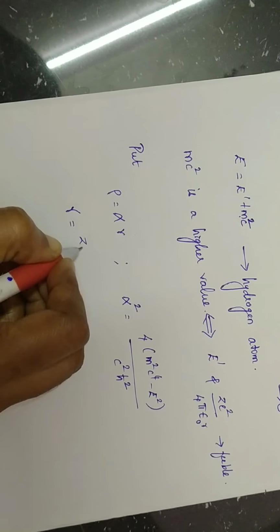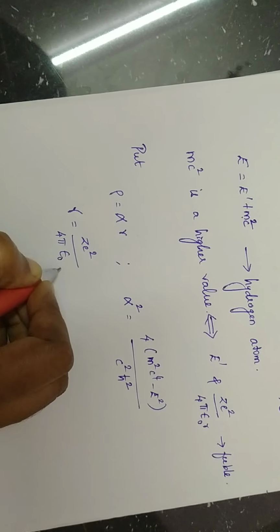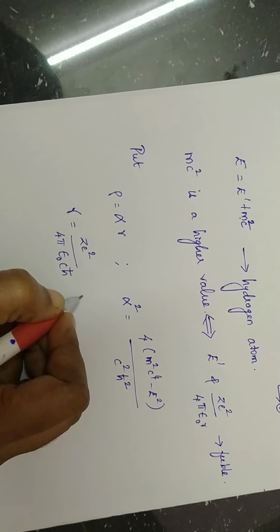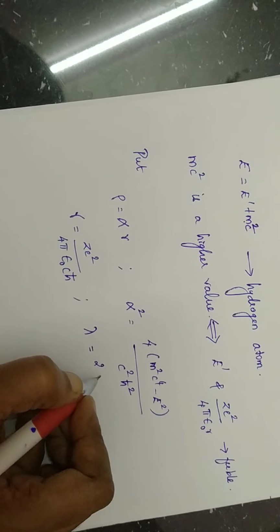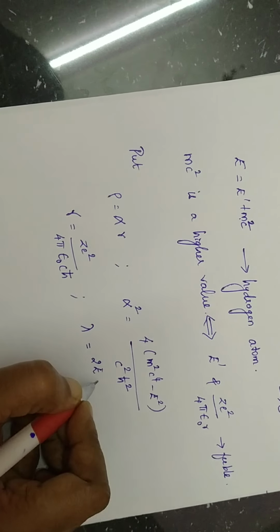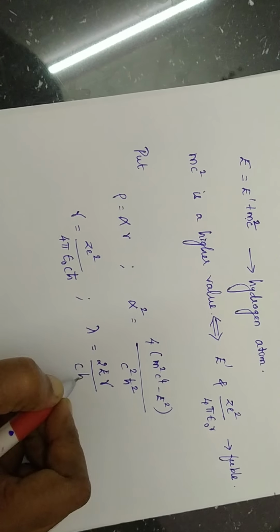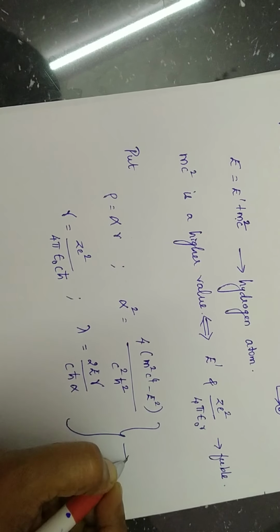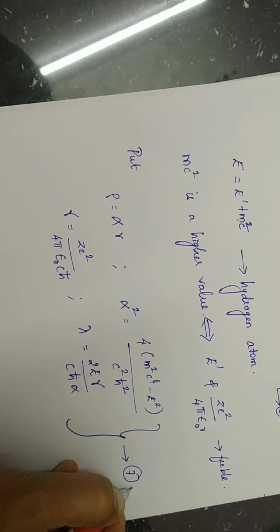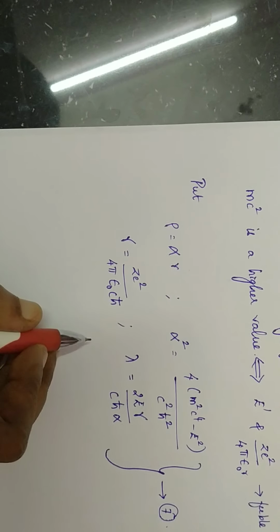Gamma is equal to z e square by 4 pi epsilon naught c into h cross. And lambda, the final constant, that value is equal to twice of E into gamma divided by c h cross into alpha. I am going to mark the whole as equation number 7. These all are together collectively called equation number 7.